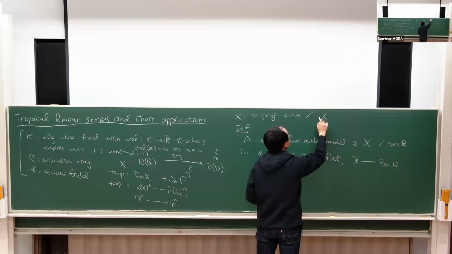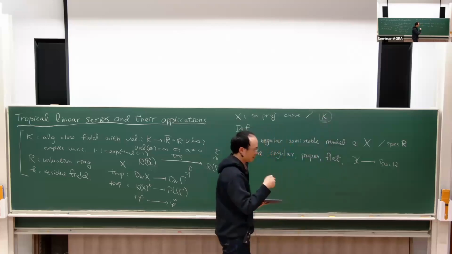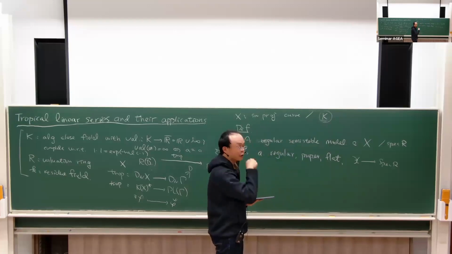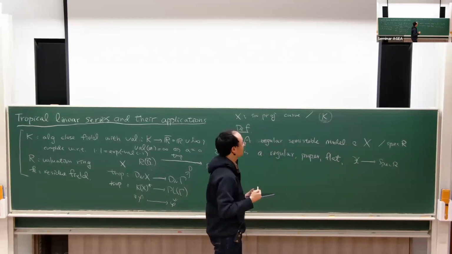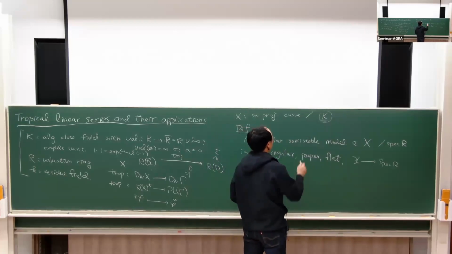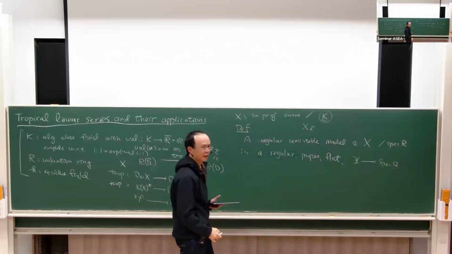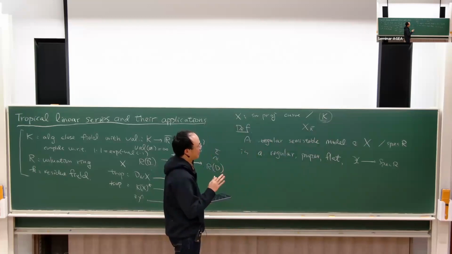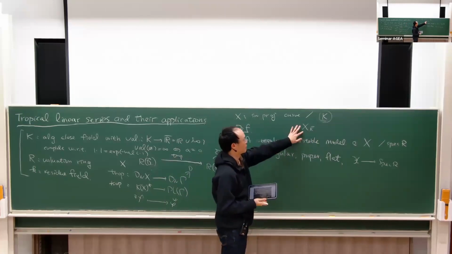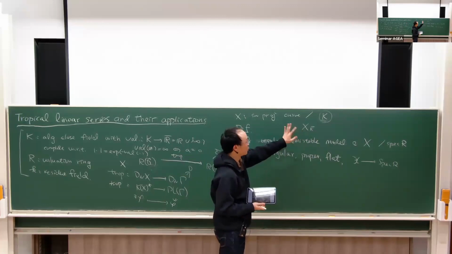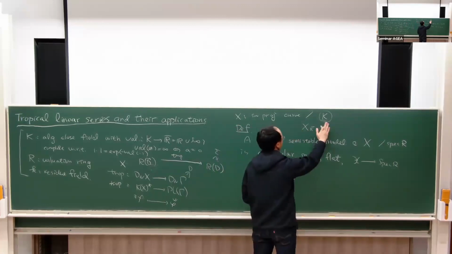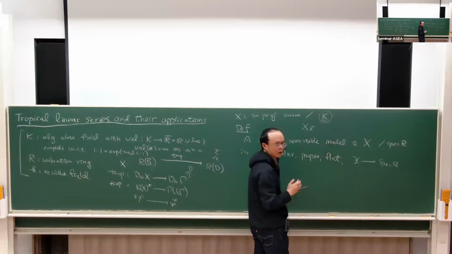If we take K to be the function field of the curve, then what we need to consider is the geometric generic fiber. I guess the theory is more or less the same, but that will make the theory more complicated. So for simplicity, we assume K itself is algebraically closed.